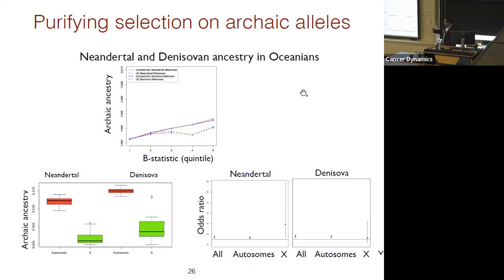But coming back to the second question, which is about the X to autosome comparisons. Yes, so I think there are several aspects. One is the genome-wide depletion. And also there is this trend that we see, which is this trend of B statistic on the X versus archaic ancestry. And that could also be a result of purifying selection under certain models.